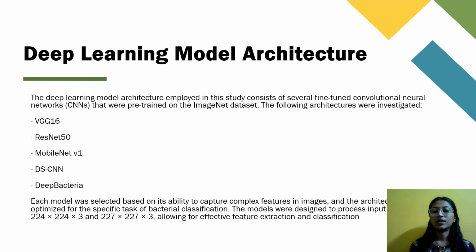Next is the model architecture, how we are planning to implement the model. The deep learning model architecture employed in the study consists of several fine-tuned convolutional neural networks, which are a part of neural networks, pre-trained on the ImageNet dataset. The architectures investigated are VGG16, ResNet 50, MobileNet V1, and DSCNN, Deep Bacteria.